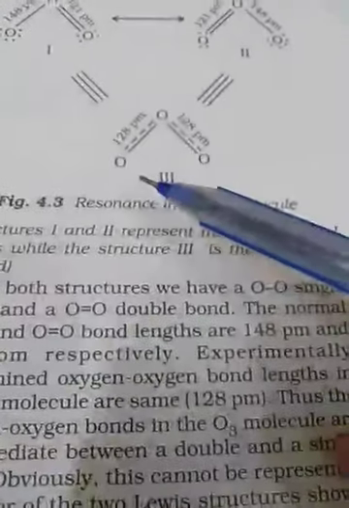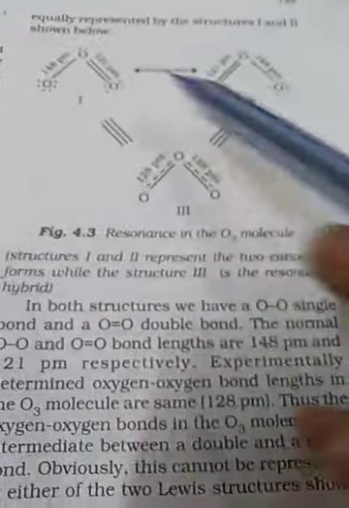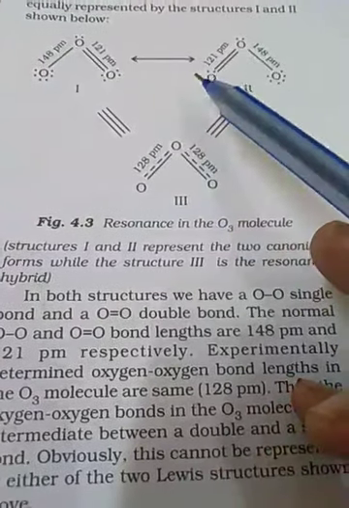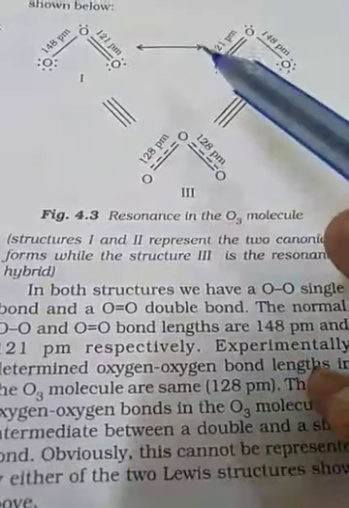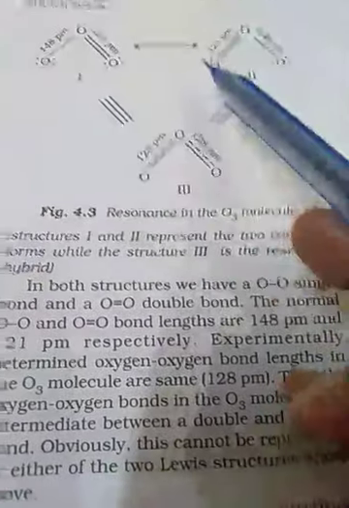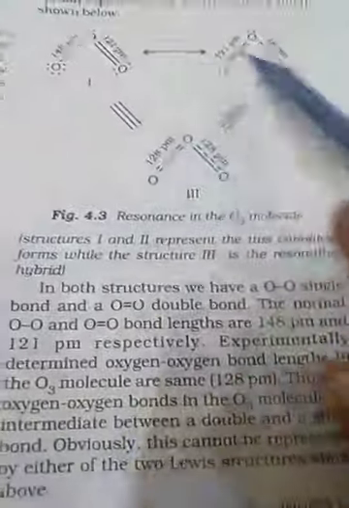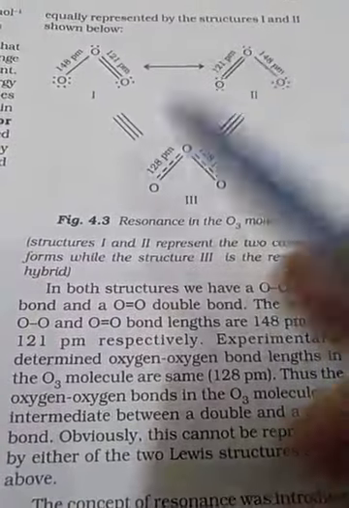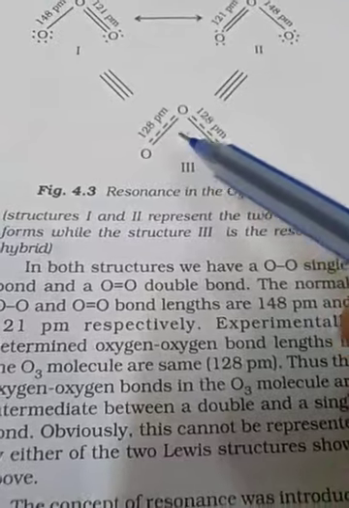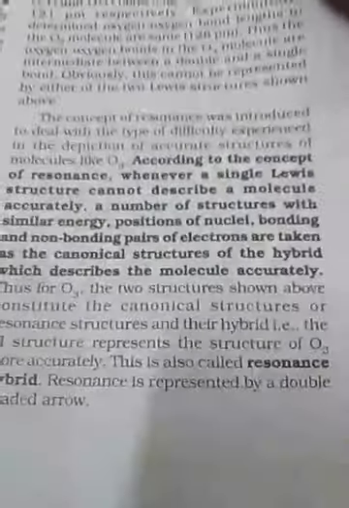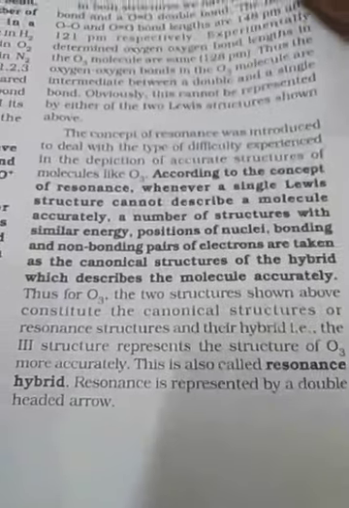This one is resonance, also given the second name, canonical structure. So ozone can be described not like this, not like this. This arrow shows they are shifting the single bond to double bond and double bond to single bond. So they are resonant, moving. So this is equal to this is equal to this. So instead of this, we can show like that. This is also called the resonance hybrid. Resonance is represented by a double headed arrow.